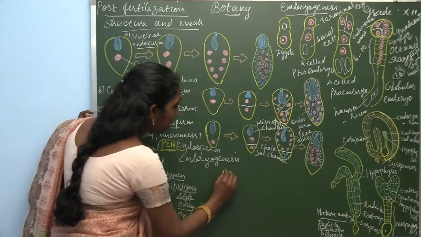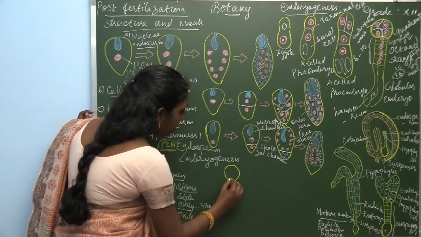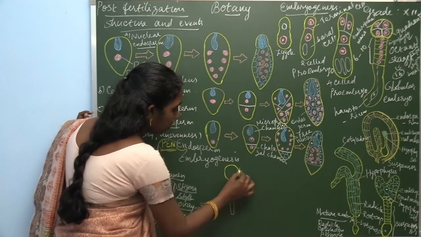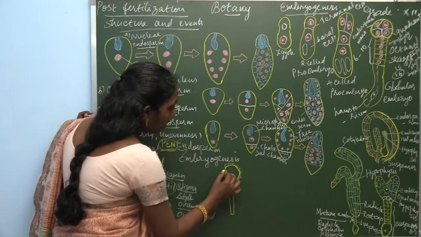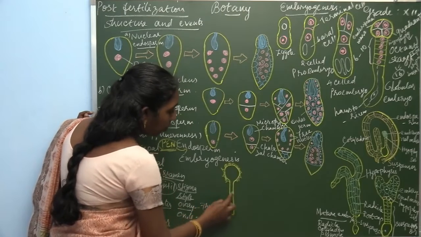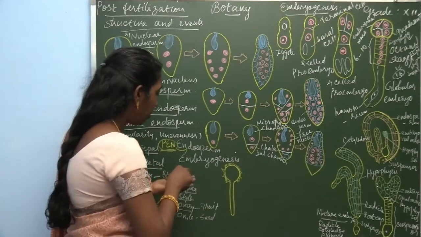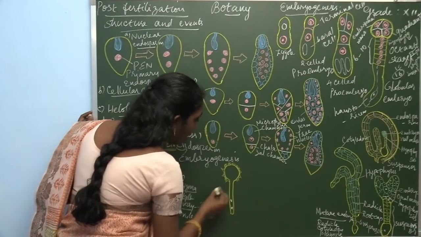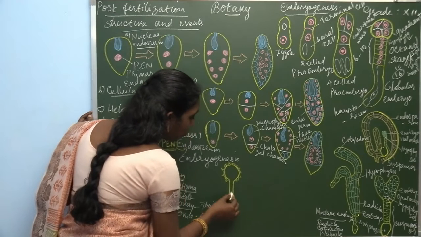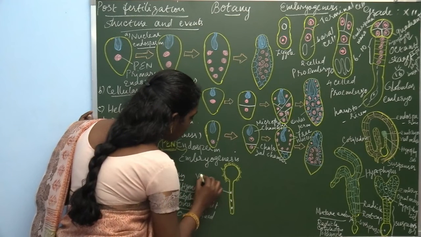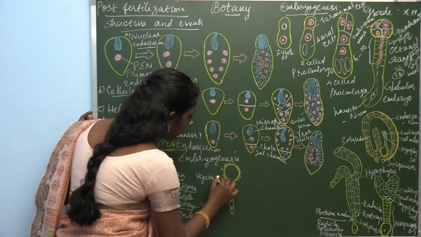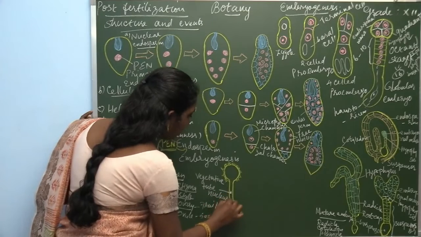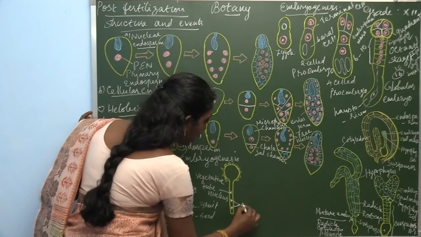This is the pollen grain and the pollen tube. When the pollen germinates, it forms the pollen tube. This pollen tube carries two male gametes along with the vegetative tube nucleus.